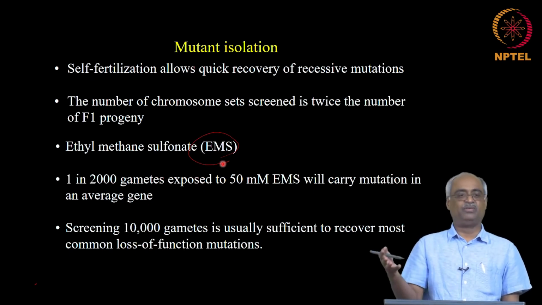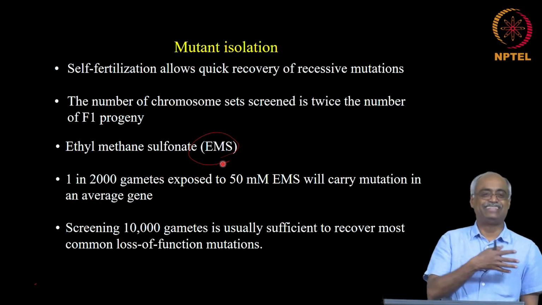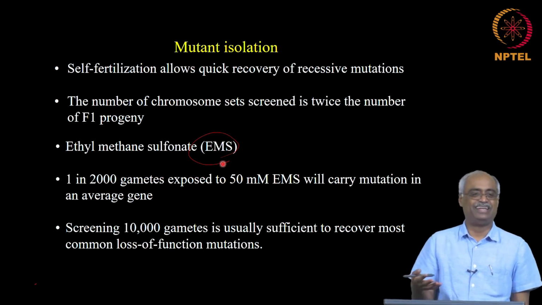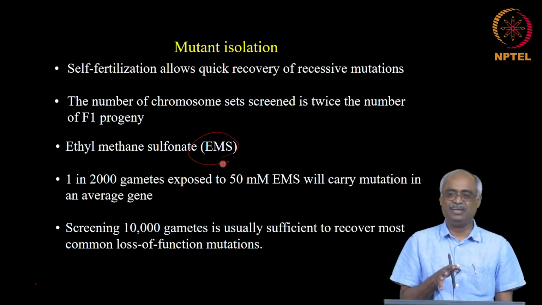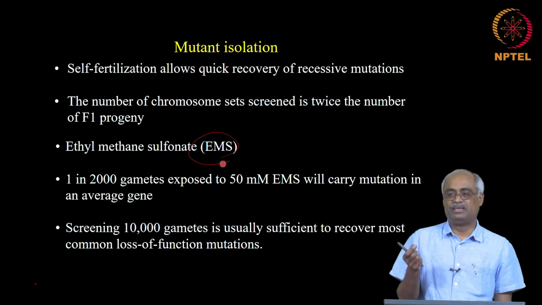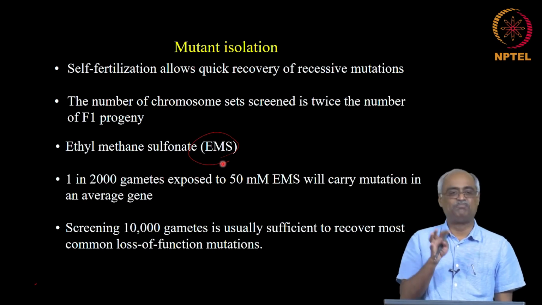If you take a lot of EMS and put the worms there for a long time, they are going to be dead because you are going to make large scale disruption on the DNA. So, here optimize the concentration such that you will probably create one lesion on the DNA somewhere in one chromosome or the other, not multiple mutations.